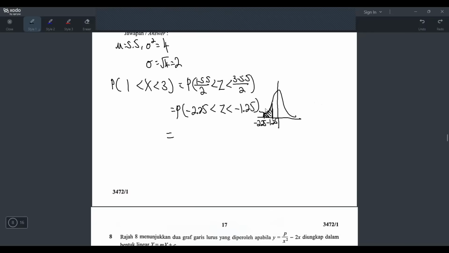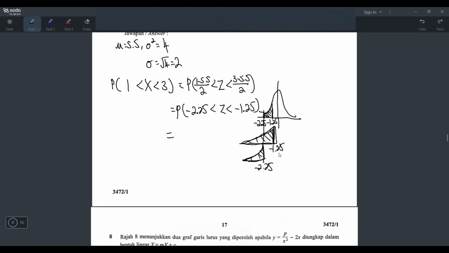Okay, so what you have to do instead now is to take the kawasan yang besar punya area, tolak dengan kawasan yang kecil, right? So the kawasan yang besar is the negative 1.25 onwards punya area, and then yang kecil punya kawasan is negative 2.25. So you will take this besar punya area minus this area, and then you will get the remaining part.